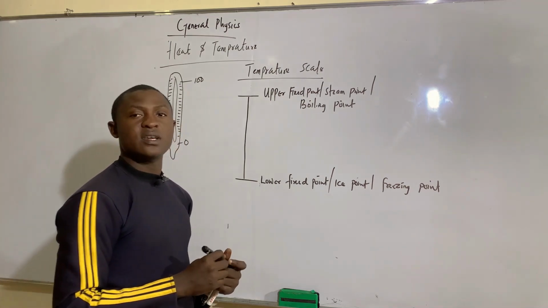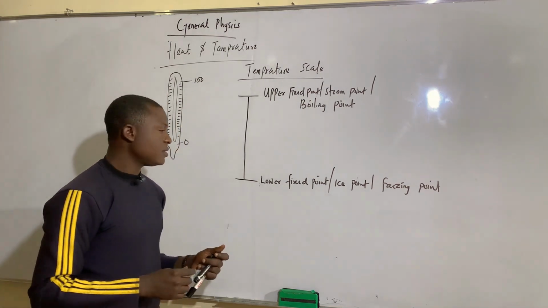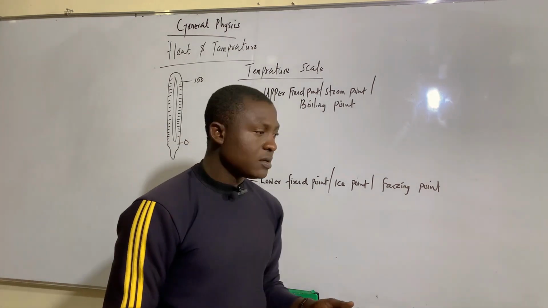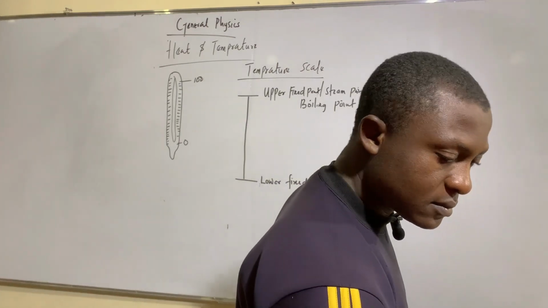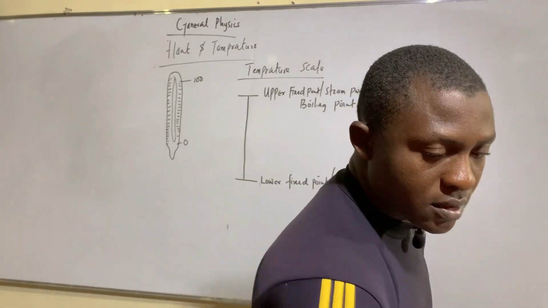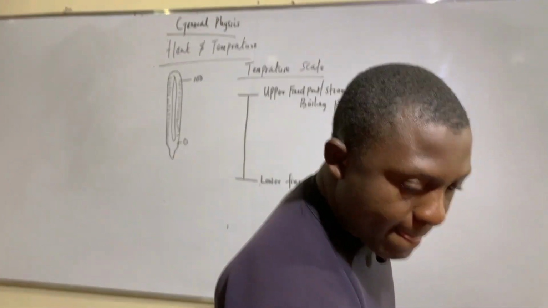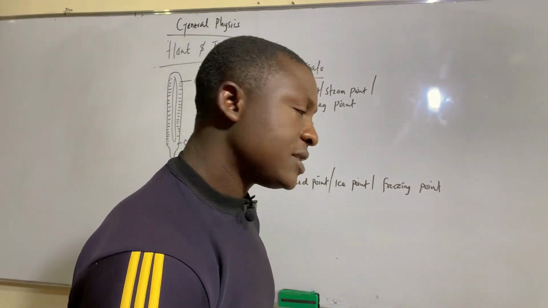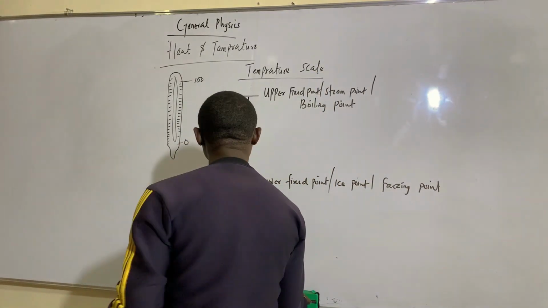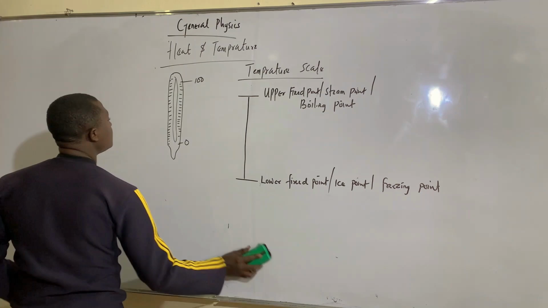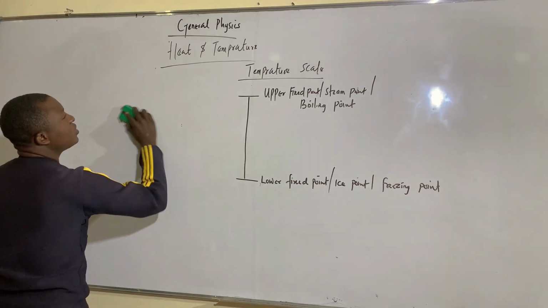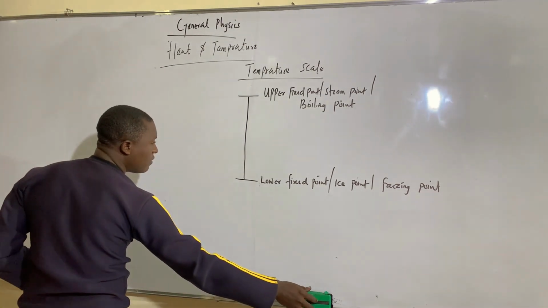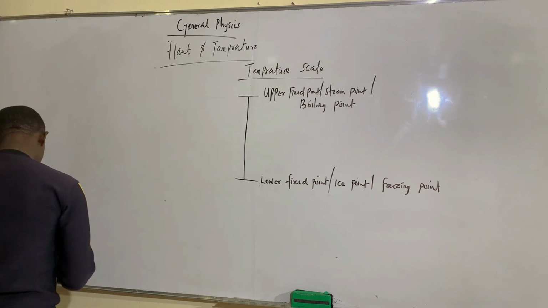So each scale that we have has its own standard value, either in Celsius scale, Fahrenheit scale, or Rankine scale. Let's see how we are going to derive them one after the other, either for the Celsius scale, Kelvin scale, or Fahrenheit scale.